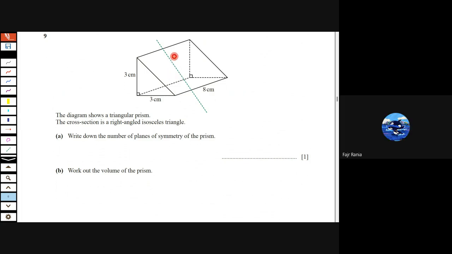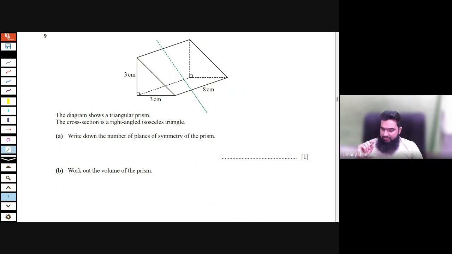Yes, sir. The second plane of symmetry: you have to understand that it's a triangle, and you are going to intersect the triangle into two equal parts. The whole 3D shape is going to be cut like this from the middle.